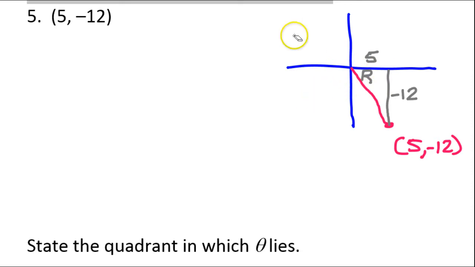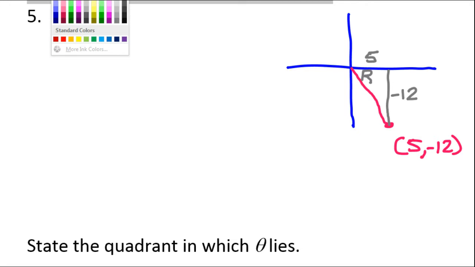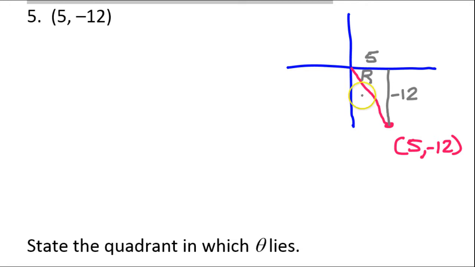But no matter. I will need the hypotenuse. So to find that, I need to do the Pythagorean Theorem real quick. I'm going to just call this H for hypotenuse. So a squared plus b squared equals c squared. That's 5 squared plus negative 12 squared is equal to the hypotenuse squared.